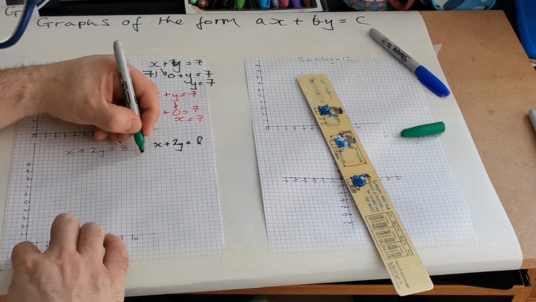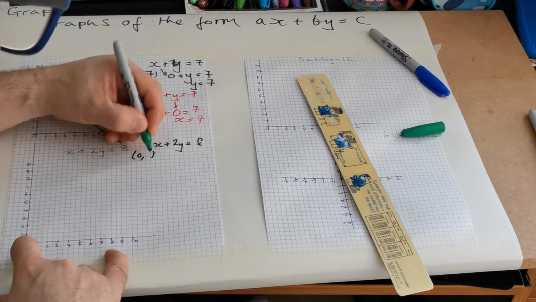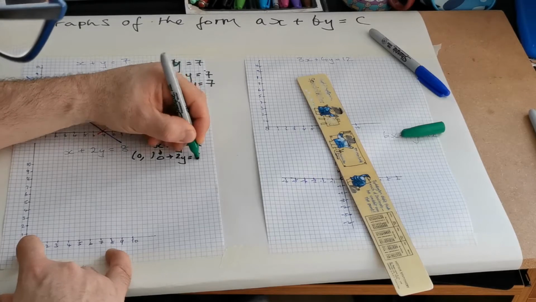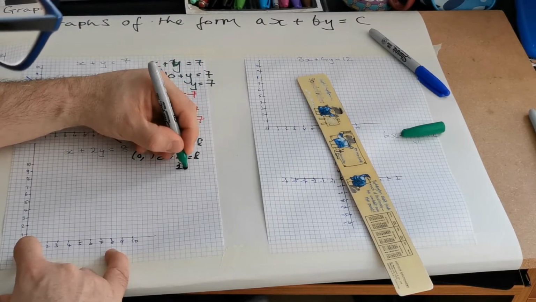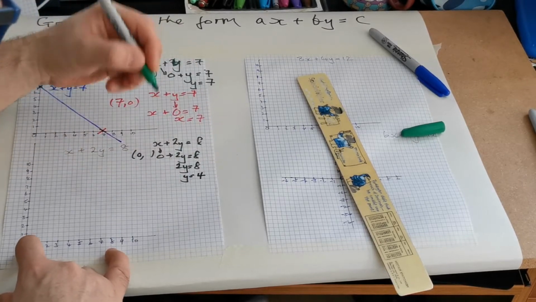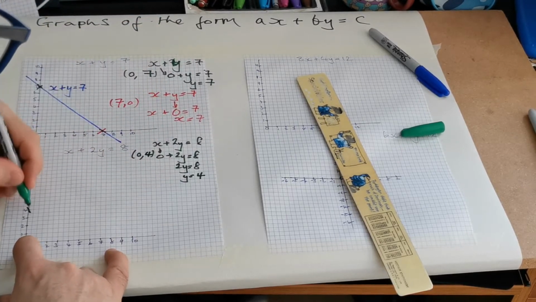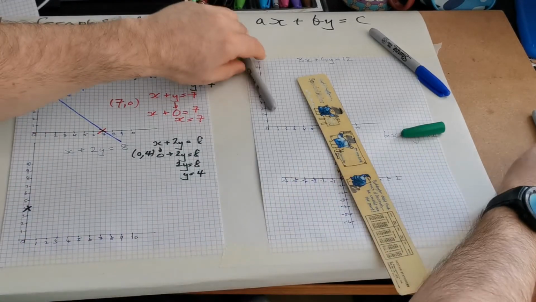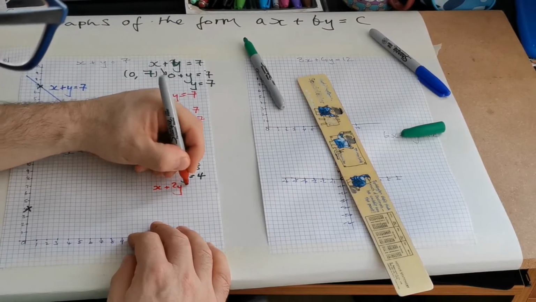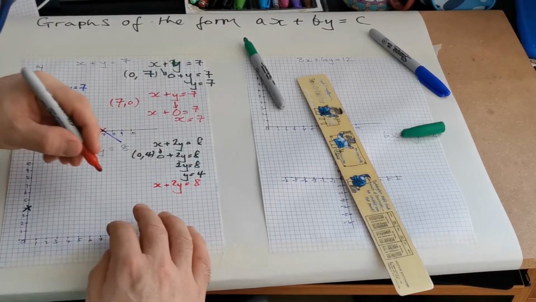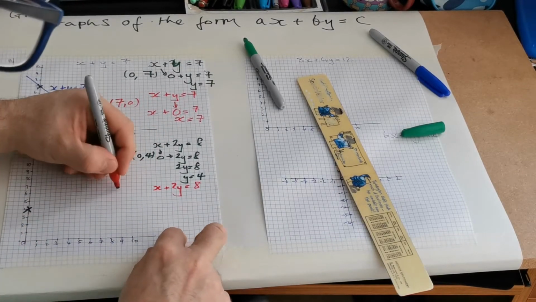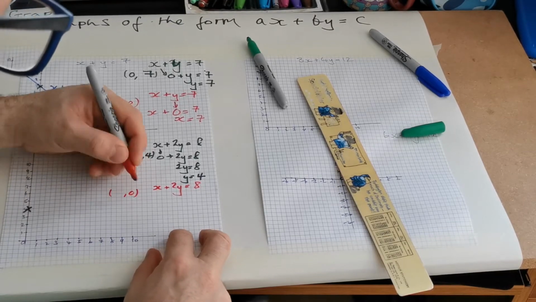On this line the x is 0, so it's 0 something. So it's 0 plus 2y equals 8, which I think means that 2y would equal 8. So 1y would equal 4. So 0, 4 is my place along that axis. Now if I look at it again, x plus 2y equals 8, then along this axis the y value is 0, so I'm going to go for something, 0.